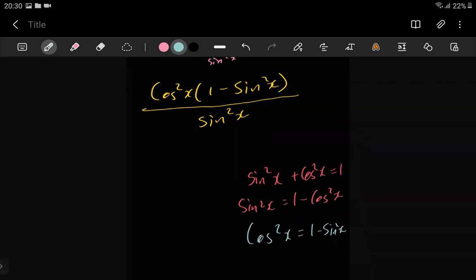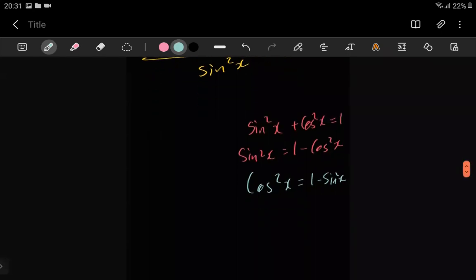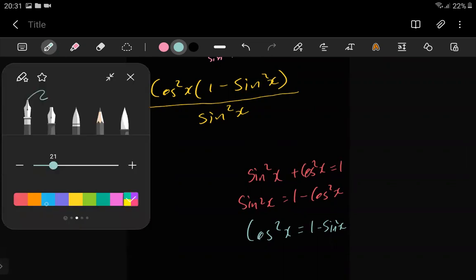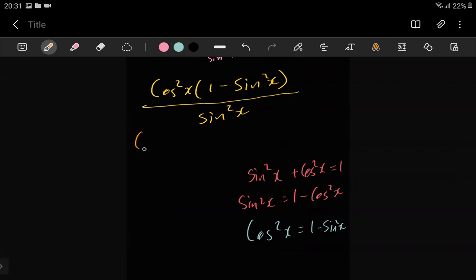With all this being said, where we see the 1 minus sin squared x, we can immediately write it as cos squared x. So at the top here, we have cos squared x multiplied by another cos squared x, the whole thing over sin squared x at the bottom.